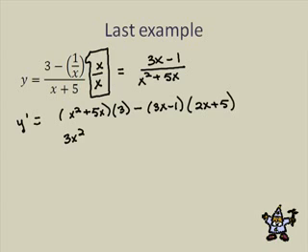So 3x squared plus 15x. So 3x times 2x is 6x squared, but I need to subtract it. I get a 15x minus 2x. So that's a positive 13x, but I need to subtract it. And then I get a negative 1 times 5.